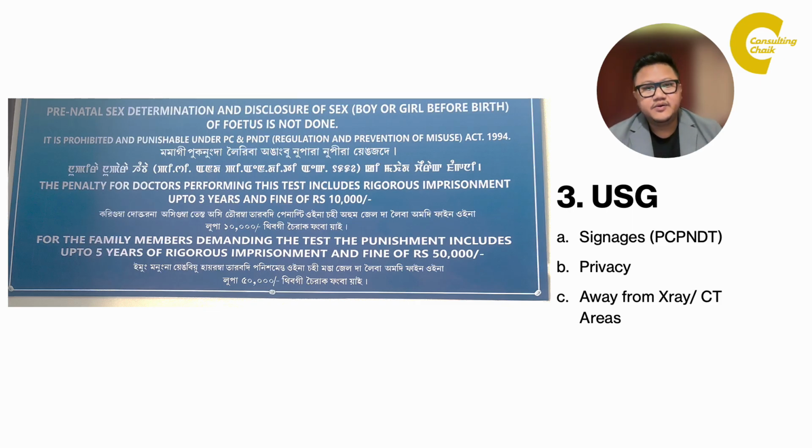And in USG you need to give proper privacy, so you must have a curtain in case in the same room you have multiple USGs. And preferably it should be away from the radiation equipment like the X-ray, CT area.